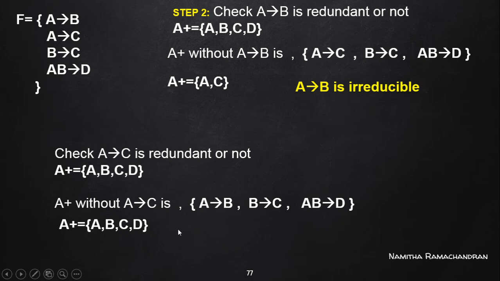So from this it is clear that A implies C is reducible, or a redundant dependency. In that case, immediately remove A implies C from the set F. If such a reducible dependency is found, immediately remove it from the set F. That is the next step.